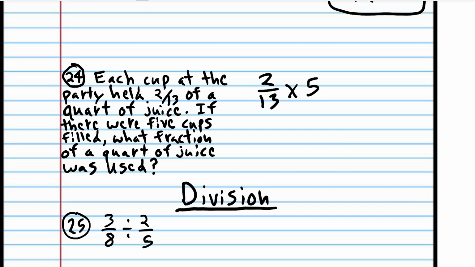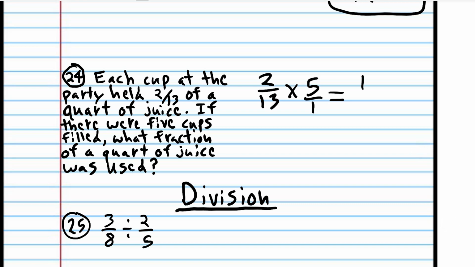So 2/13 times 5. Remember, when you do this one, you just put 1 under the number. Maybe we should have done this one together, because I forgot it was going to be a whole number. Then multiply straight across. If you forgot to put the 1 under the 5, go ahead and just do that now, and pause the video and attempt this problem yourself.